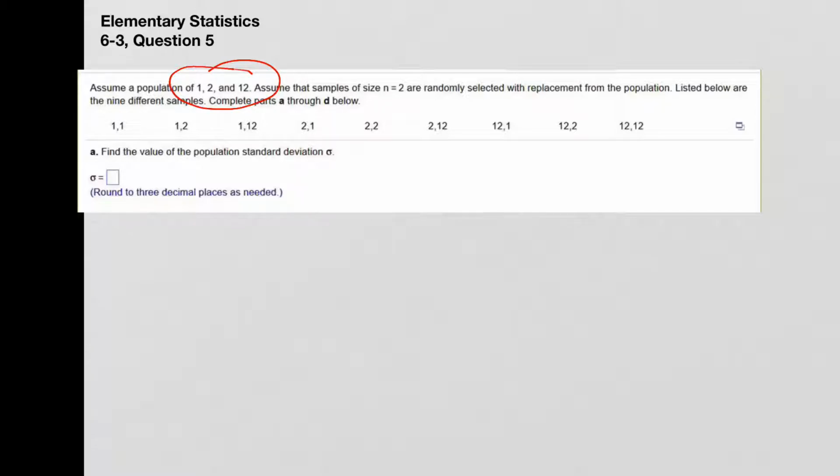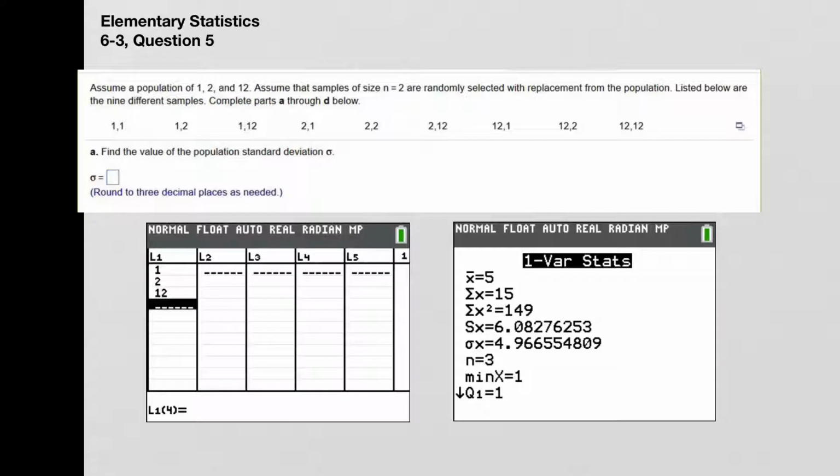I'm going to start by entering those values into list 1 and using one variable statistics to get the population standard deviation. Okay, I have my values in list 1, and now I've done one variable statistics, and I have the population standard deviation, which is sigma.